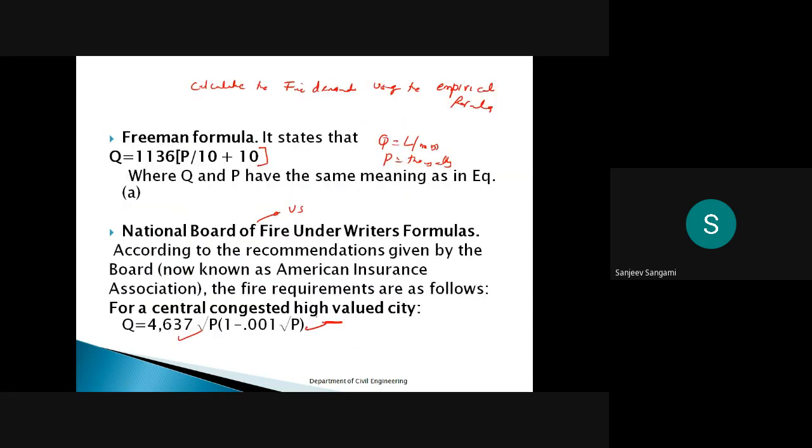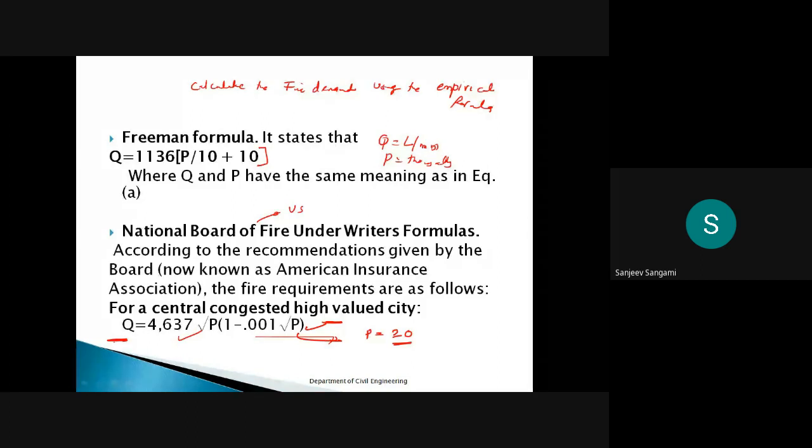Then you have the Buston's formula, that is 4637 root of P (1 - 0.001 root of P). Here also, substitute the P in thousands only, that is 20 only. So apply this formula: Q = 4637 root of P (1 - 0.001 root of P).